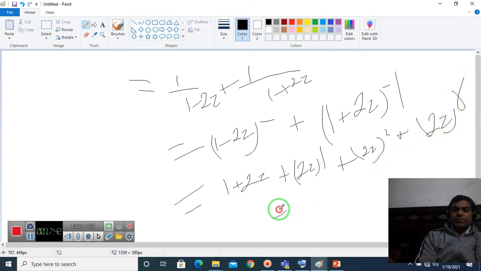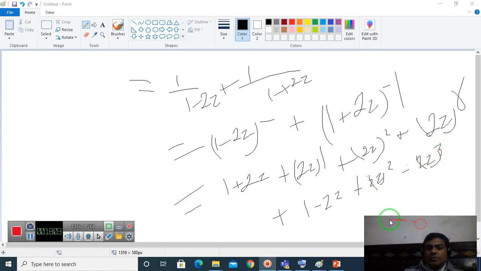Similarly, we can expand 1 plus 2z, and it becomes 1 minus 2z plus 2z to the power 2, minus 2z to the power 3, and plus minus 1 to the power r, 2z to the power r.